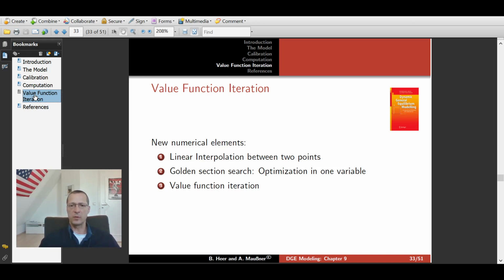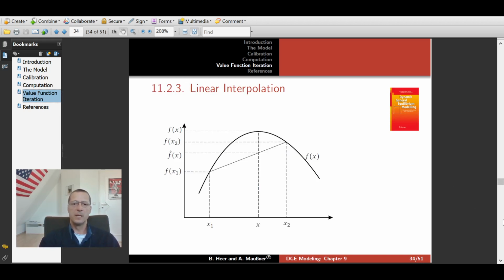One is linear interpolation, and the other one is an optimization routine in one variable, golden section search. So let me briefly describe linear interpolation. We will have, for example, an optimal policy function, labor supply or savings or consumption, as a function of the individual asset here.